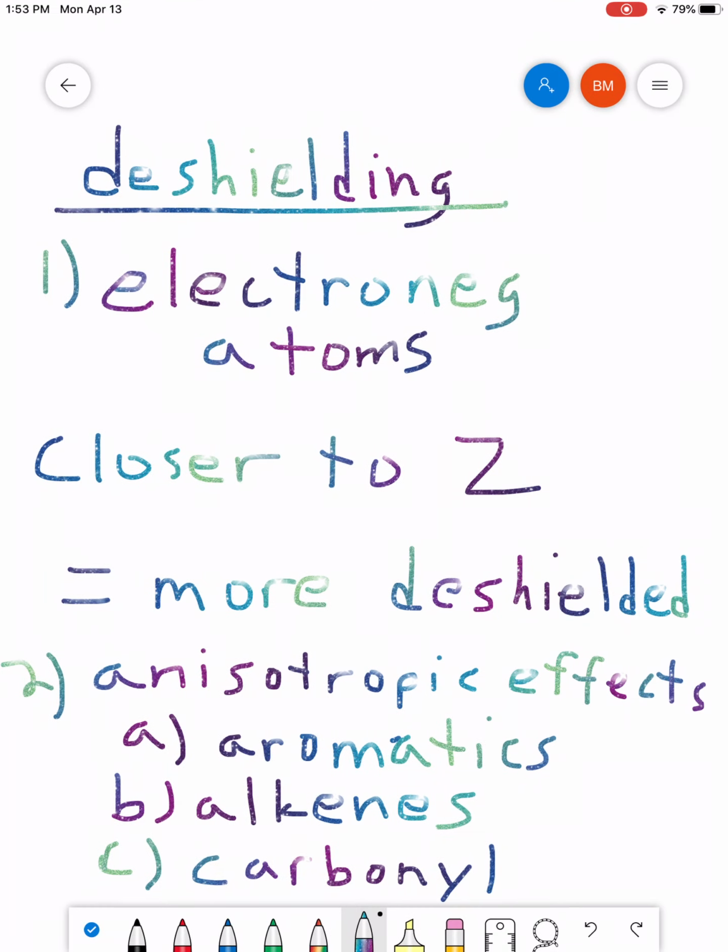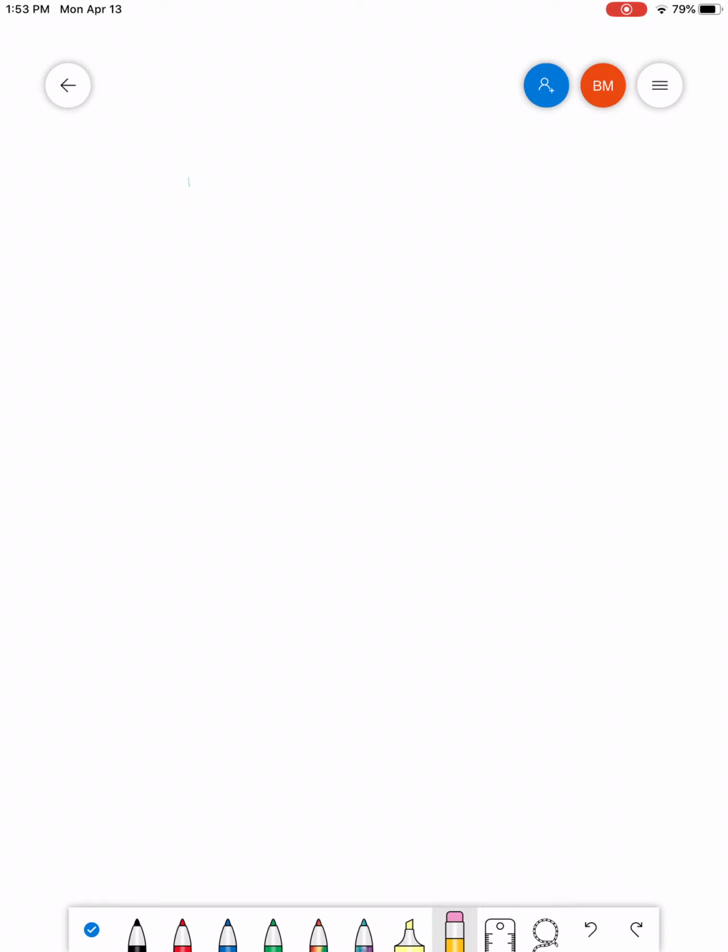All right, so you see there's lots of things that can cause deshielding of hydrogens and cause signals to go further downfield. Now, conversely, there's not much that really causes shielding effects.